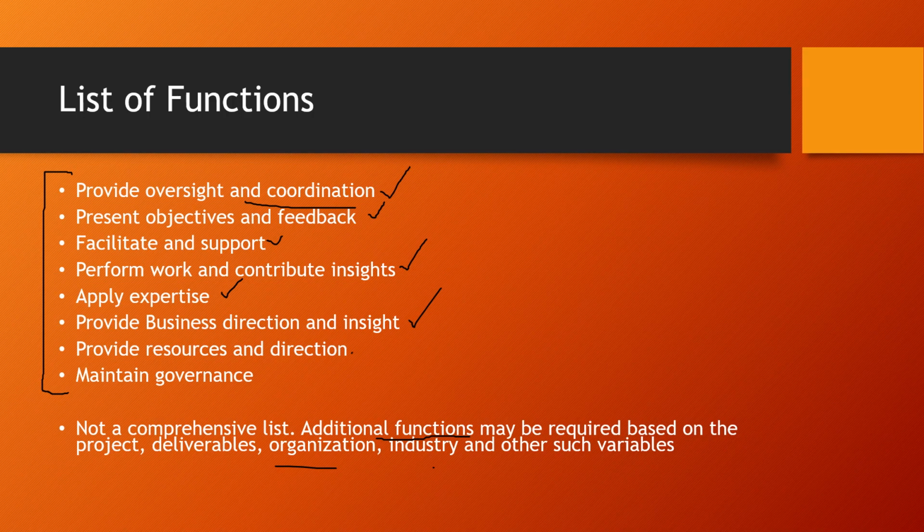Provide resources and direction and maintain governance. So for this slide, your takeaway is that this is a list of functions, not an exhaustive one for sure, but these are the common functions that you will find in almost all projects. And a team or several teams or even a single person might be responsible to perform these functions. Now let's talk about each of these functions in detail.